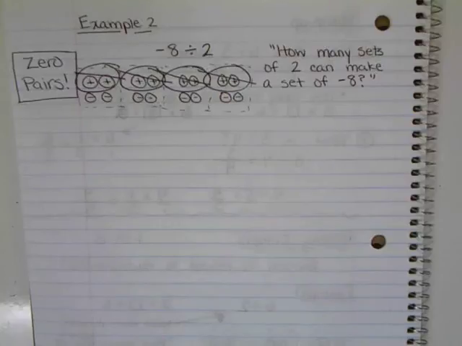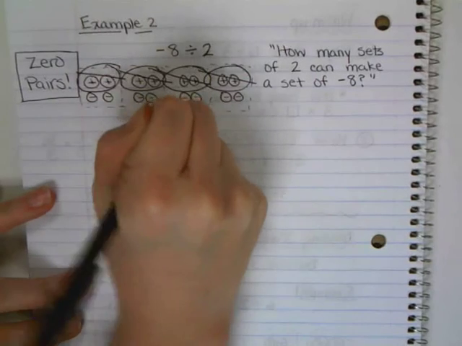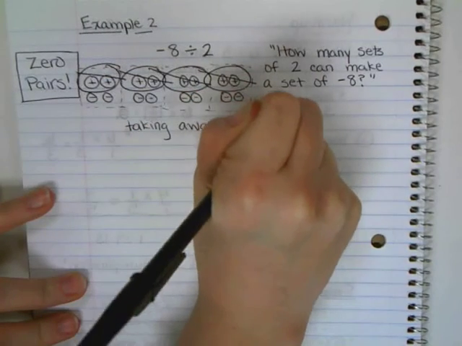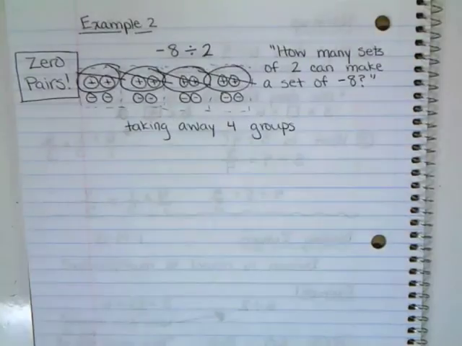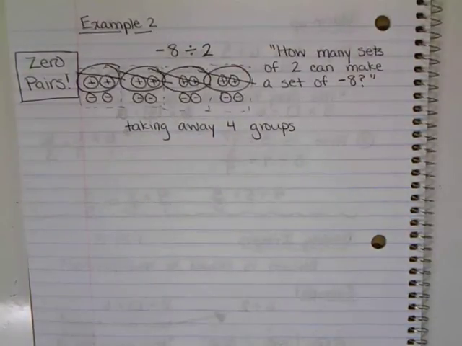Now, in the other one, I was adding 3 groups. In this one, I'm taking away 4 groups. So how do you think I'm going to represent that I'm taking away 4 groups algebraically, numerically?